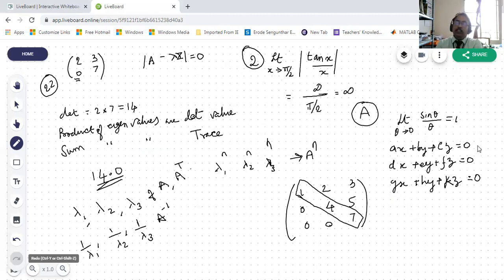This is a homogeneous system of three equations with three unknowns. If you want a non-trivial, non-zero answer, then note that x equal to 0, y equal to 0, z equal to 0 are called trivial solutions.